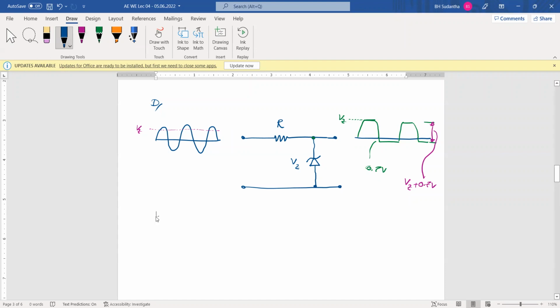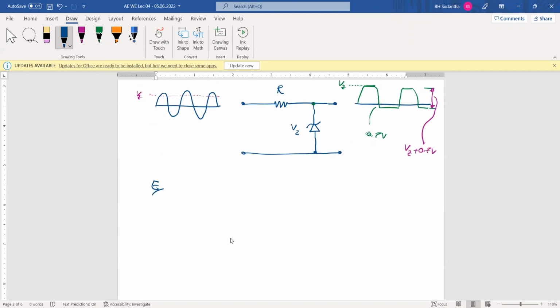Okay, what about if we have a circuit like this? Again, we apply a sine waveform here.